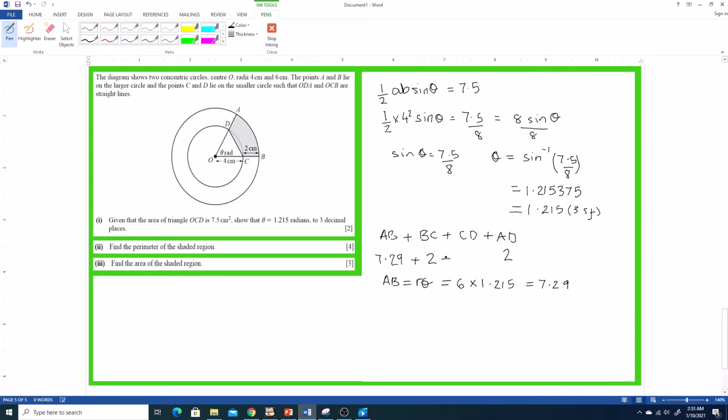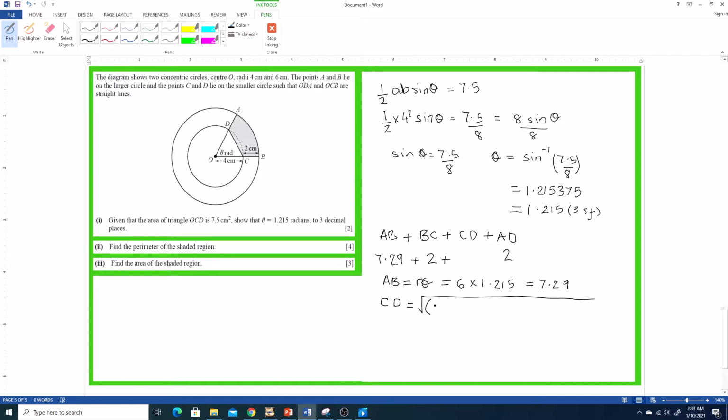And CD, we said we're going to use the cosine rule. I hope by now you have mastered how to use one step to find that length. So you just write your square root sign because it would have been squared, isn't it? And then we find the sides.